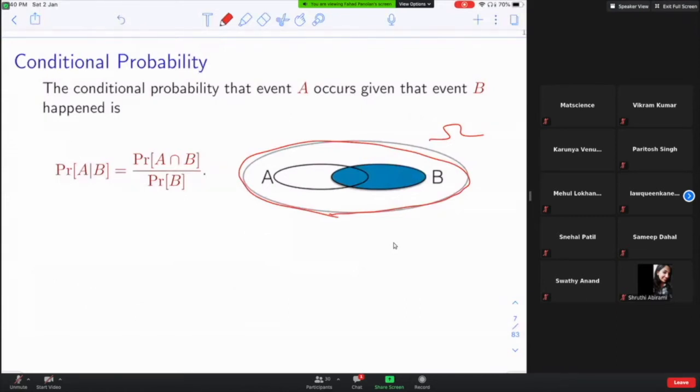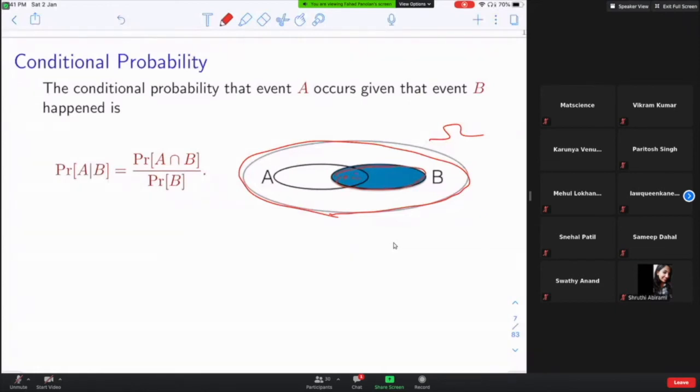Now if I want to ask what is the probability of A happening given that B happened? When B happened, you scale everything up by 1 over the probability of B, and then ask what is the probability that A happened within that, which is the summation over this area.